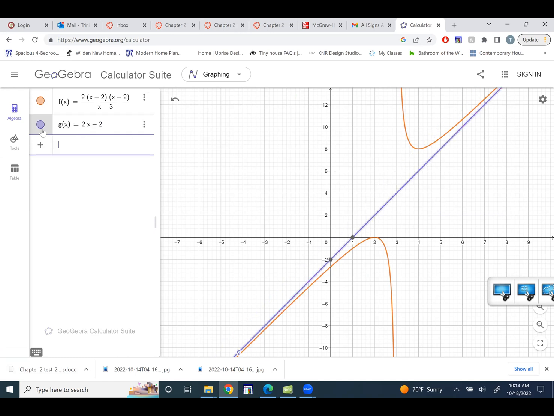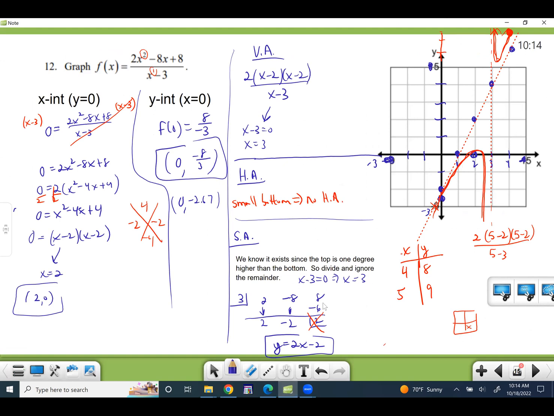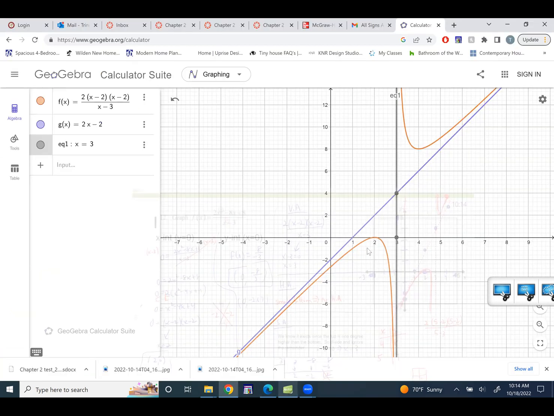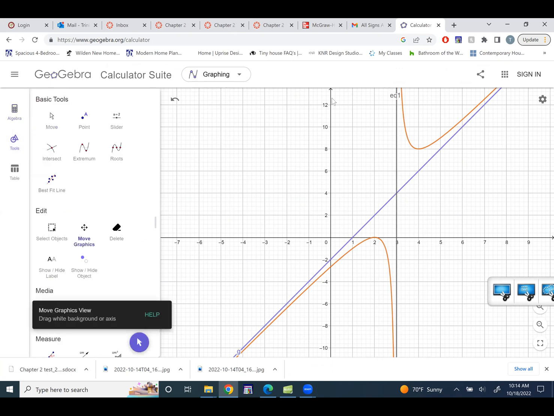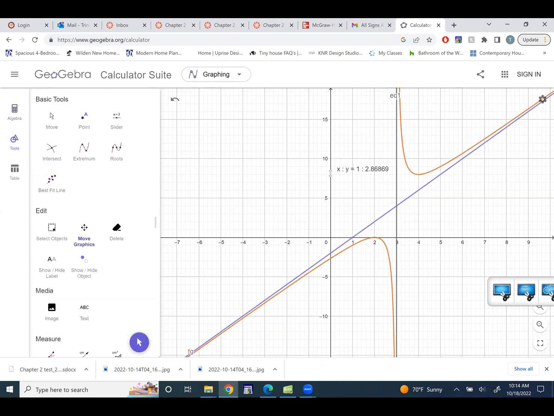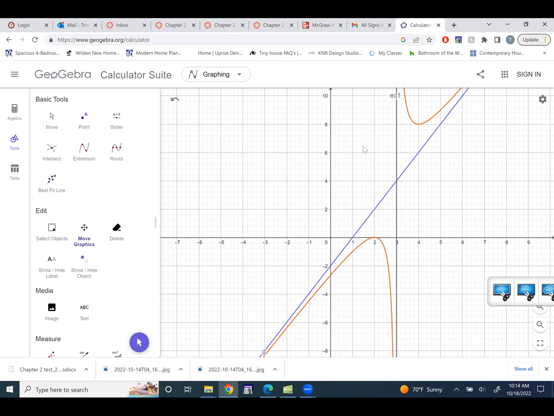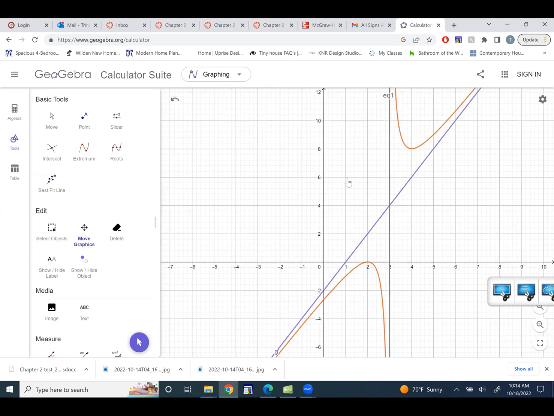Oh my goodness, it looks so good. And then x equals 3 was our vertical. So you can see the shapes compared to ours is pretty close. Let's see if I can make it look even more close, like that, right? Okay, so something like that. And again, if it's in this quadrant, then you know where this x is?